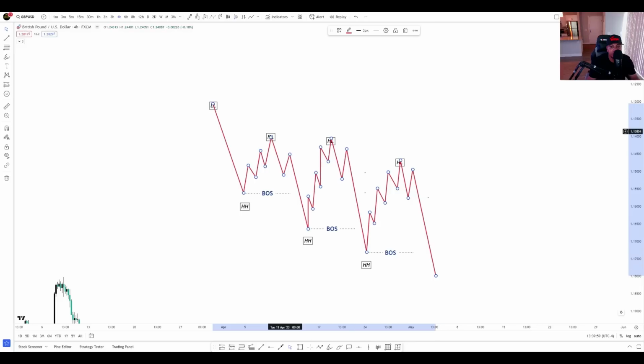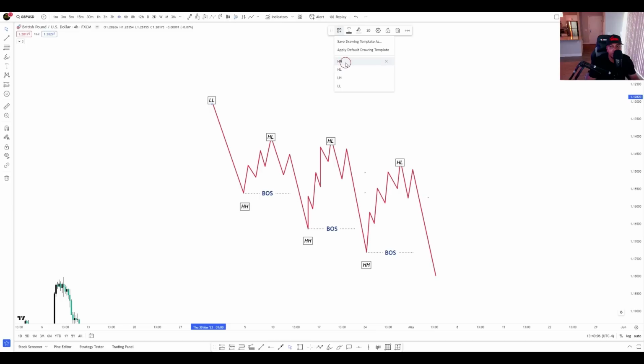Like I said, price is going to create a higher high, lower high, lower low. I mean, let's say higher high here. My bad. Higher high. And then this is going to be your lower low, and then this is going to be your lower high.